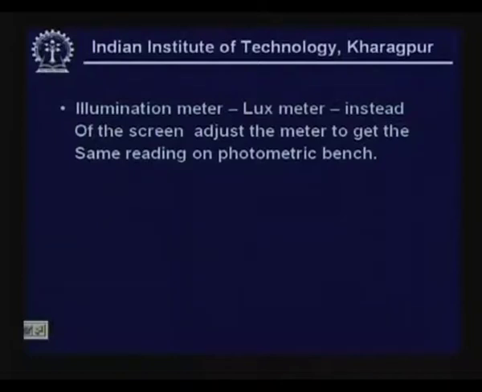Once we use a meter which is called an illumination meter, which is marked in terms of what? Illuminance. Illuminance, we recall, was defined as the lumens per meter square, or the light flux per unit area, and is expressed in units of lux, hence the lux meter.